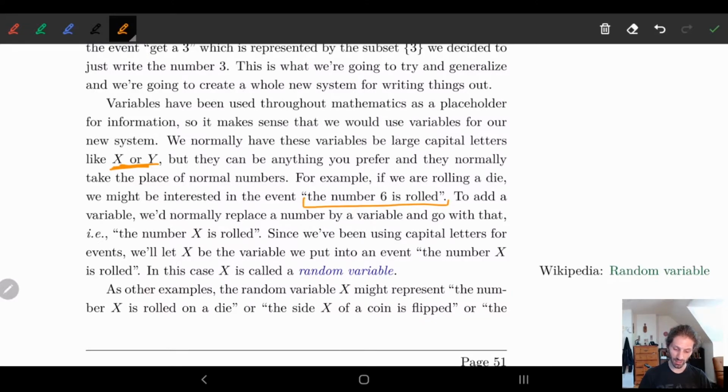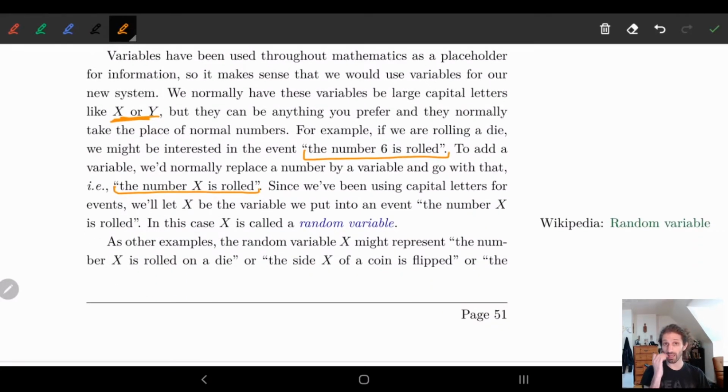So I'm going to say the number X is rolled, right? I don't know what X is, and I don't really care. Think about a Bernoulli or a uniform distribution. They all have the same probability. So it doesn't matter if I'm calculating for 6 or 1, I'm going to get the same distribution. And so here we only care about the number X. When we're looking at these variables in this way, this X is called a random variable.